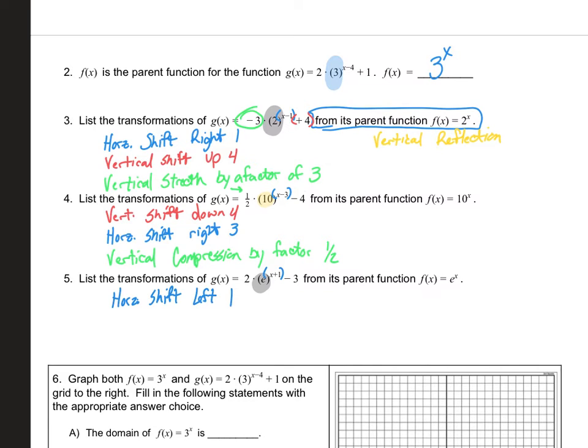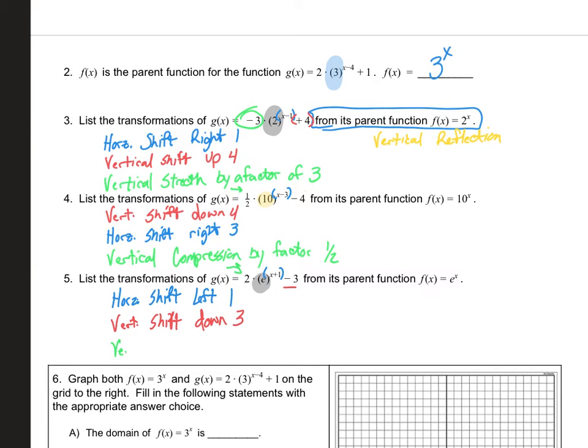I'm also going to look for any other types of shifts that I have. In this case, a plus or minus sign, like the -3, is outside, which makes it a vertical shift. And we do exactly what it says, so this one will go down 3 units. And the only thing left is the 2 that's in front.